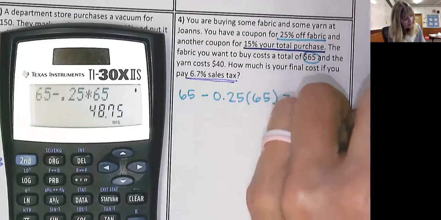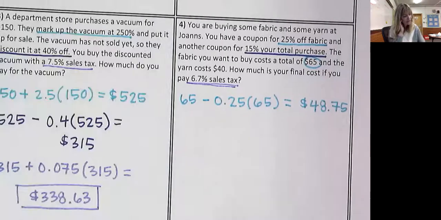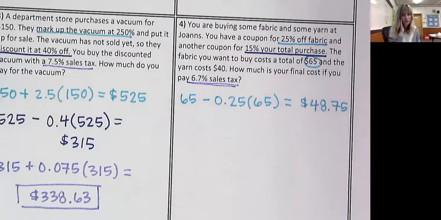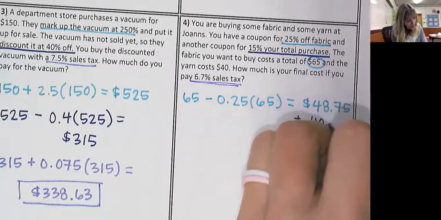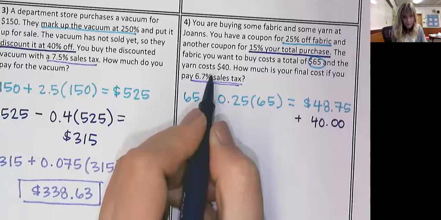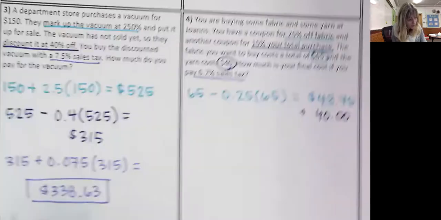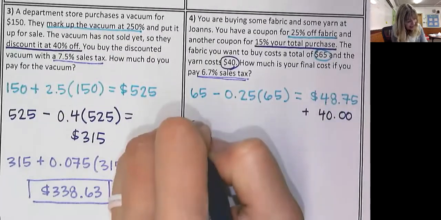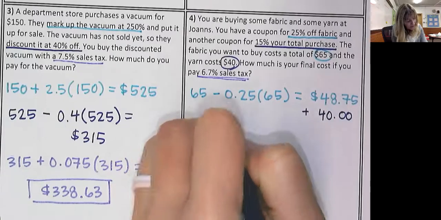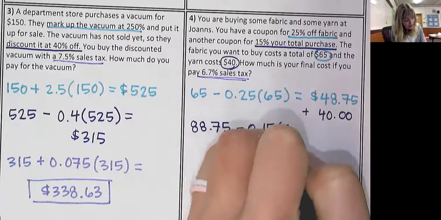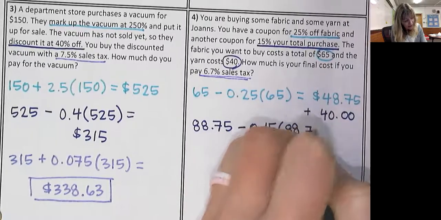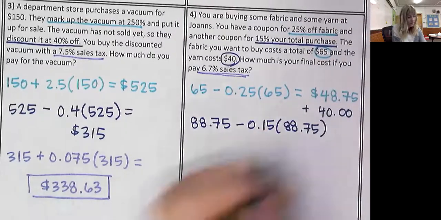There's a little extra step in here that the rest of them don't have, because the 15% is not just off of the yarn, it's off of your total. So this is now part of your total, and you have to add to it the $40 for yarn, right? Because that's a part of your total. So that's going to be $88.75. That's now your total purchase, and you get 15% off of that $88.75.